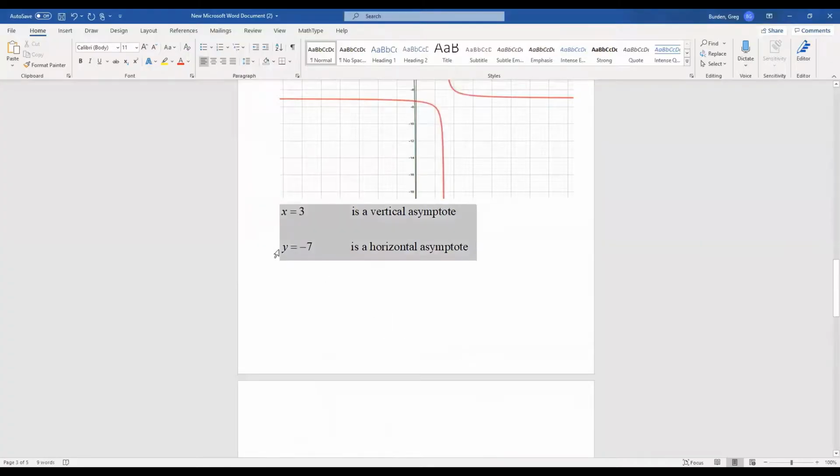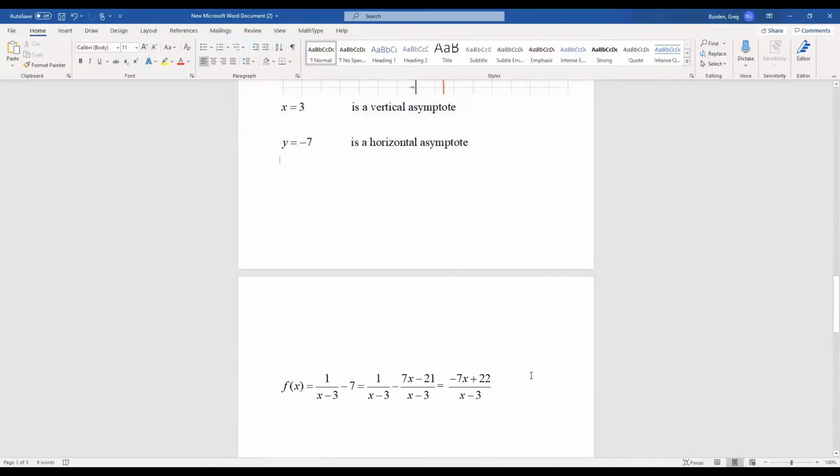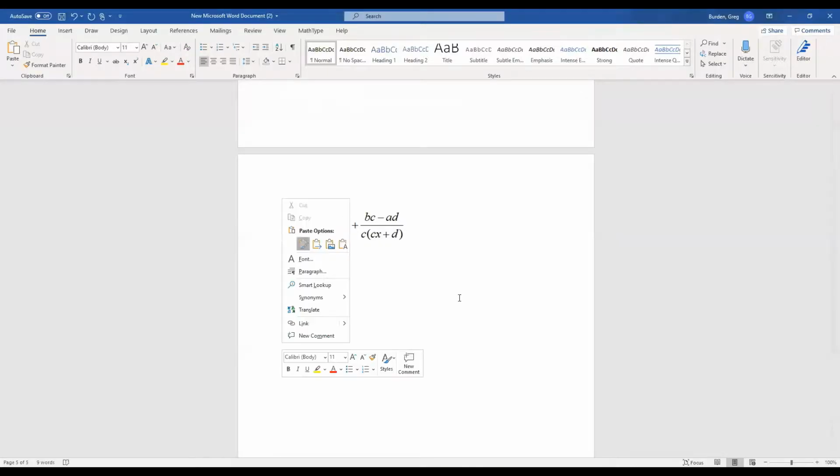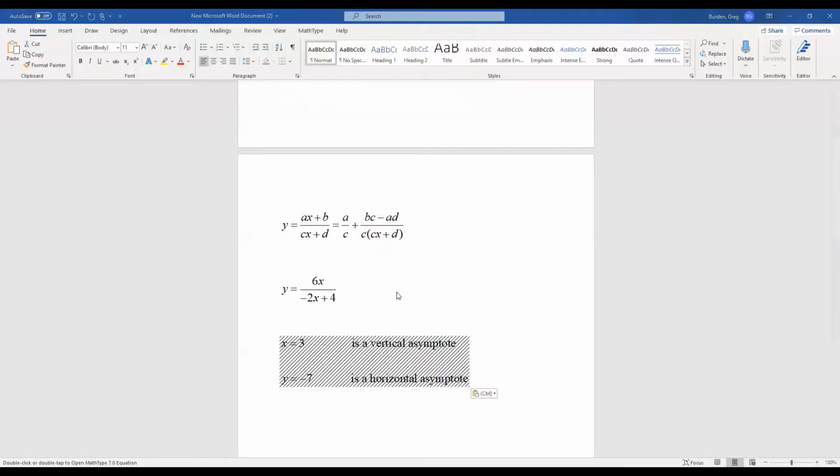I can actually go and copy my previous work here and paste that right up to this, and blank those out for the moment. Okay, so looking at a rational function, this actually goes beyond rational functions of the type that we have here, but look at this one specifically.